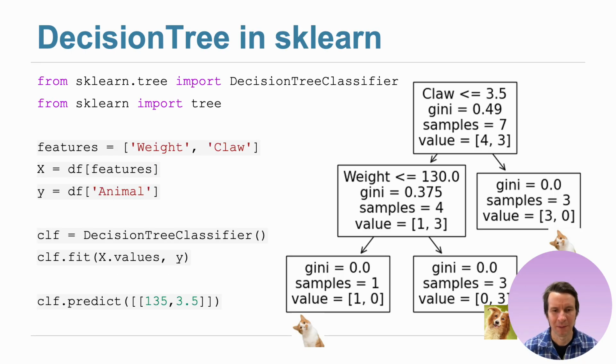If you want to implement this in Python, in sklearn, it's fairly simple. You import the model, the classifier, you prepare the values x and y, and you call fit, and that will create this decision tree for you. Right?